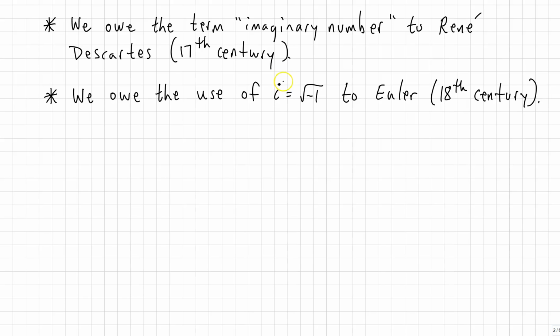And as far as using this lowercase i for the principal square root of -1 that we now use, we owe that to the mathematician Euler from the 18th century. So that was his notation, and that notation actually bothered mathematicians for quite a while.